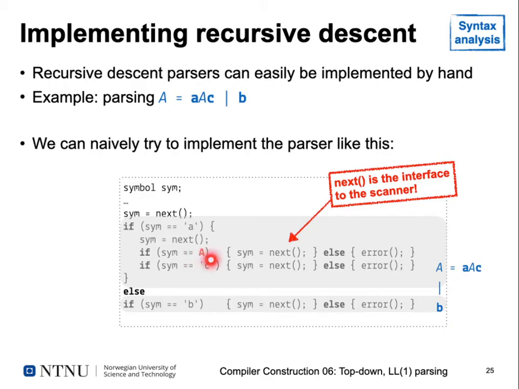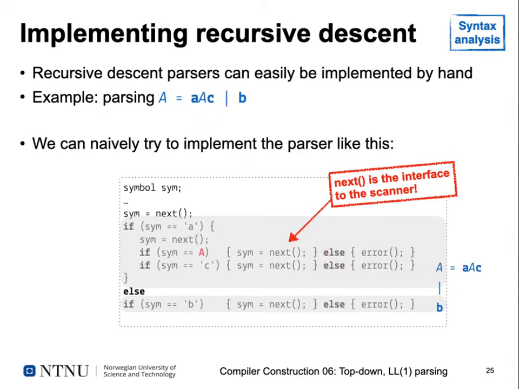If it's not a, it doesn't match, so we complain about our input. After we've read the a, we try to read the next symbol, and this needs to be a c. If our symbol equals the character c, then we can read the next character again. If there's no c but another character, it's not part of our grammar, so we complain again.